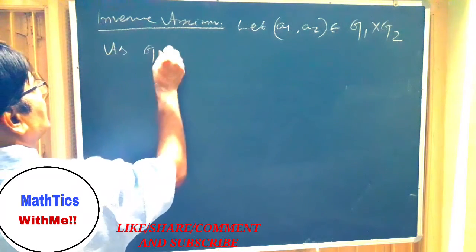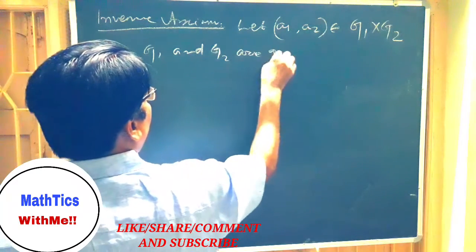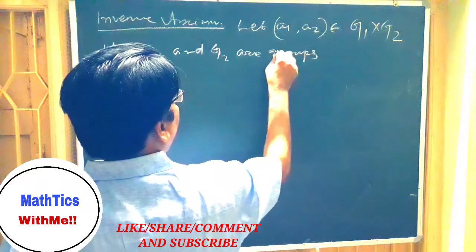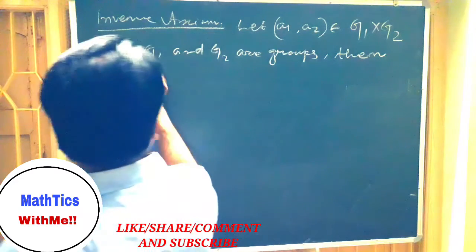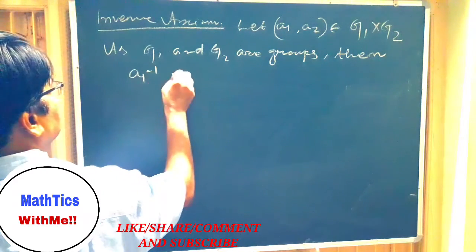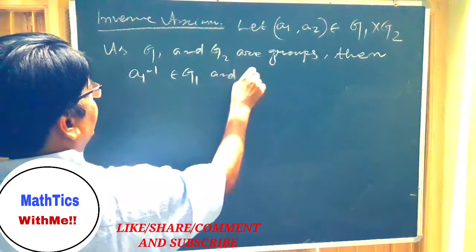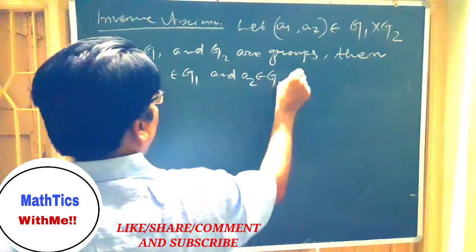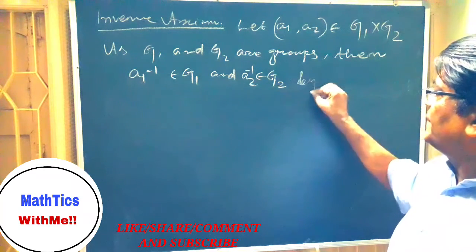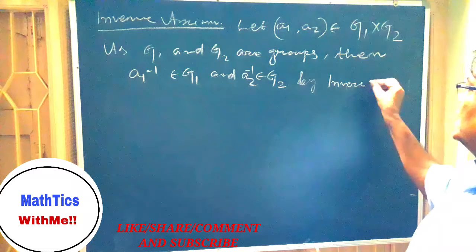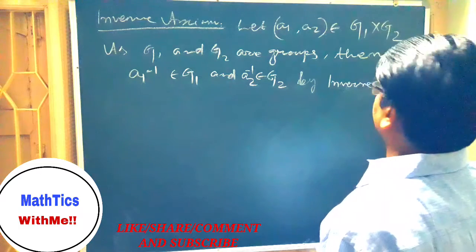As G1 and G2 are groups, a1 inverse belongs to G1 and a2 inverse belongs to G2 by the inverse property.